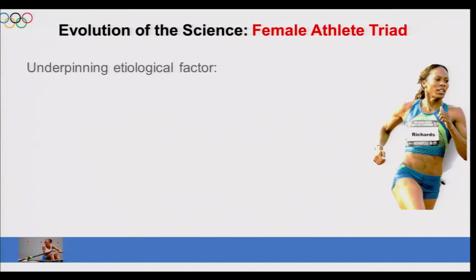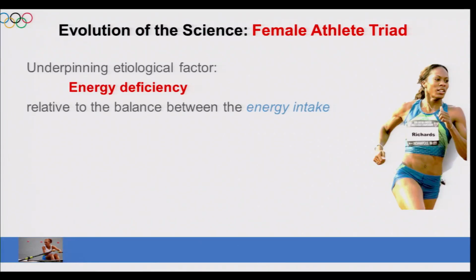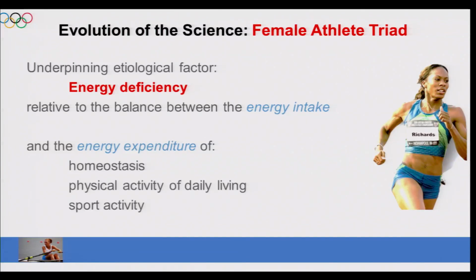But really the underlying principle of the female athlete triad is the concept of energy deficiency. That's the core base from which all of the changes described in that continuum are seen. Energy deficiency is a relative imbalance between the intake of energy versus the expenses of energy.